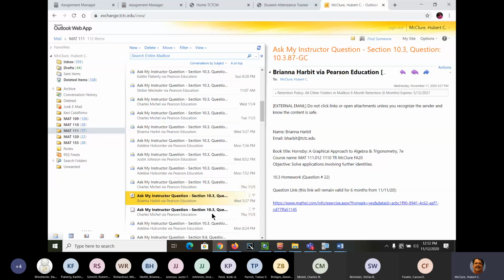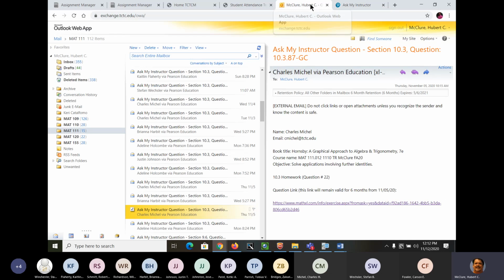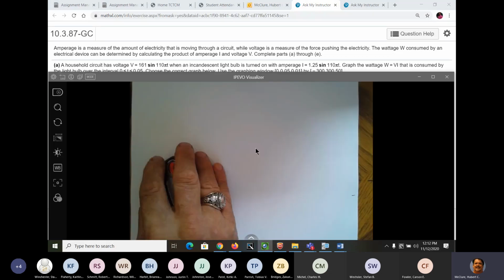I think I got 2 or 3. Let's see, I got 172. Let me see if that's the first one. Nope, I must have had a third one. So I'll just do this one.